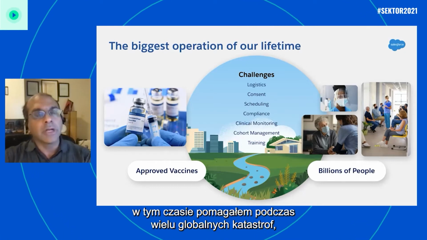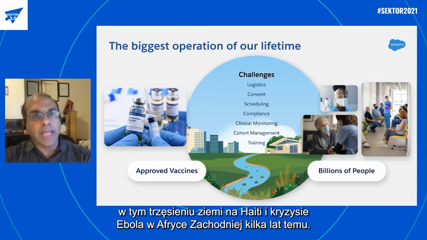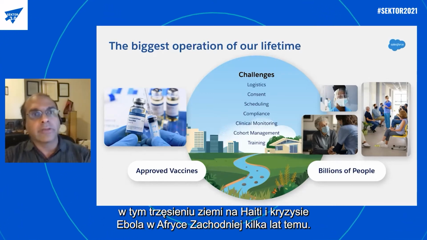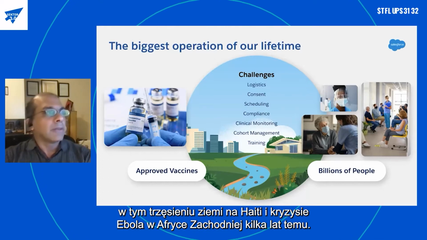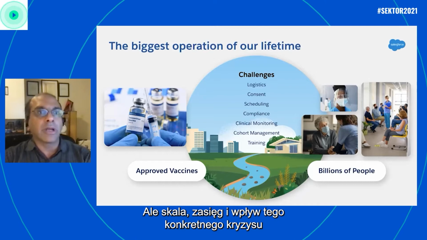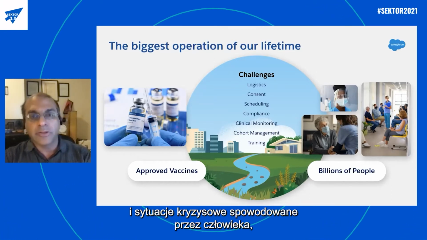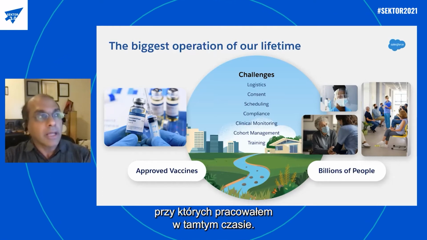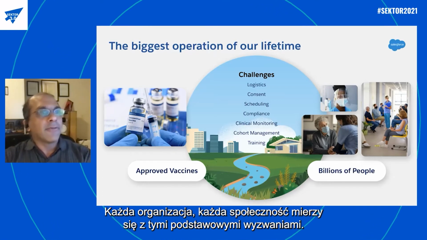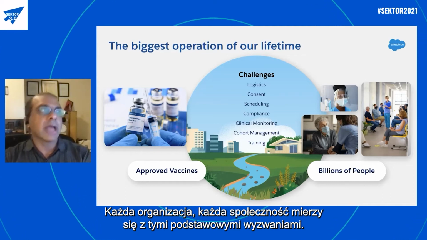I have responded to many global emergencies in that time, including the earthquake in Haiti and the Ebola crisis in West Africa several years ago. But the scale and scope and impact of this particular crisis dwarfs all of these other natural disasters and human-caused emergencies that I've worked with in that time. And every organization, every community is dealing with these basic challenges, right?